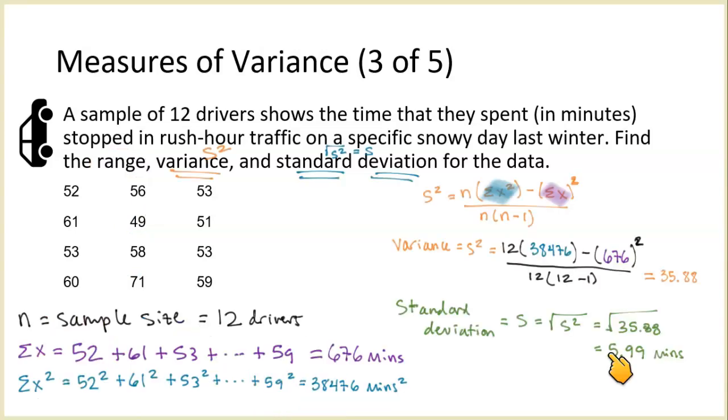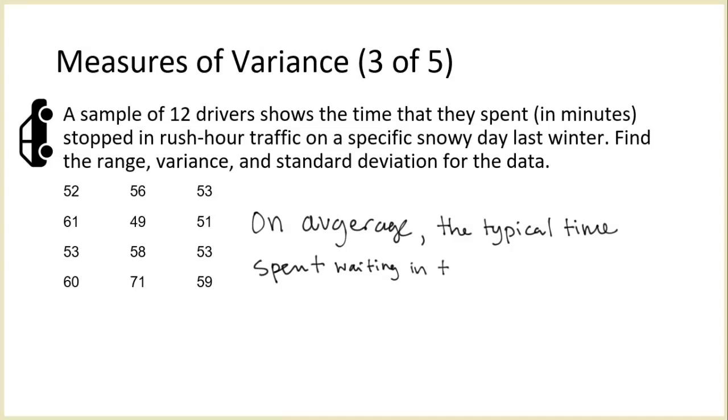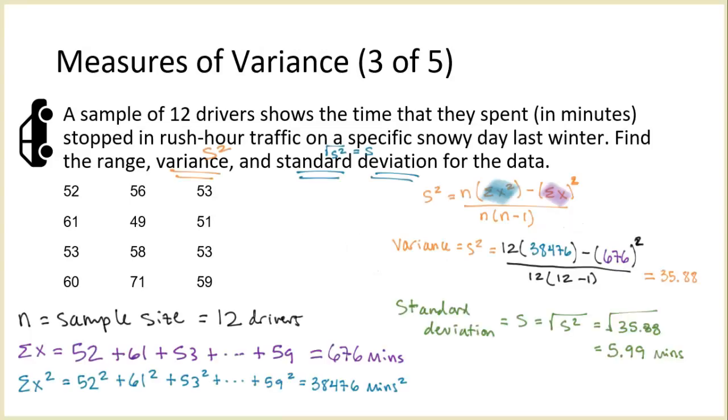Now, to interpret this value, what does this value represent? Well, this is about hours spent in rush hour, so the typical time spent in rush hour is going to vary about 5.99 minutes from the average time. The average time, if we remember from before, is we can take the 676 and divide it by 12, and that'll give us the average time.